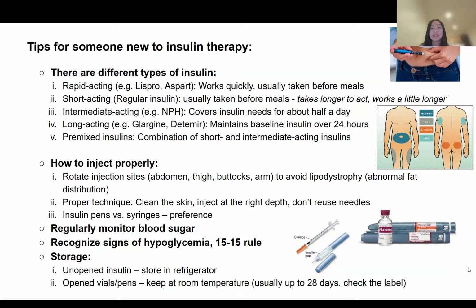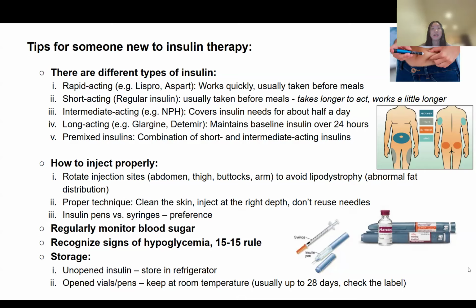The reason is that the insulins can work for different lengths of time, and the way that they're prescribed, normally, is to try to mimic the body's natural production of insulin in response to food intake or meals, or just normal baseline levels. So rapid and short acting insulins are normally going to be taken before meals. And then longer acting ones can be taken once or twice a day to help maintain baseline insulin levels over a full day.